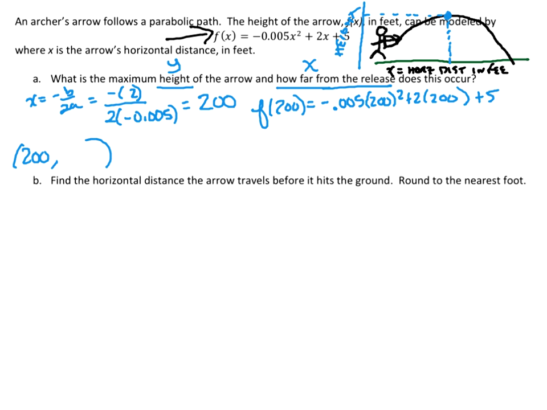Okay, so this part right here is negative 200, and then I'm going to add 400 plus 5. So we get 205.